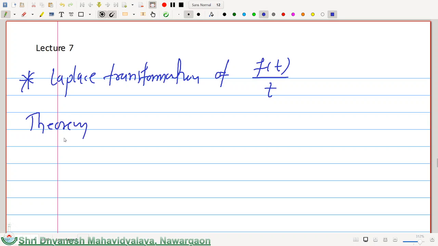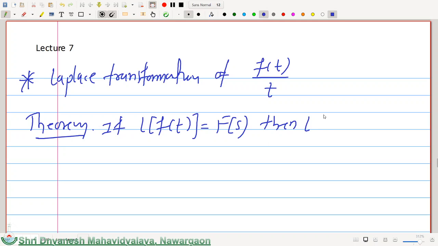Theorem: if the Laplace transformation of function f of t exists and it is F of s, then the Laplace transform of f of t upon t is equal to the integration from s to infinity of F of s ds. Okay, remember this. We are going to prove this now.